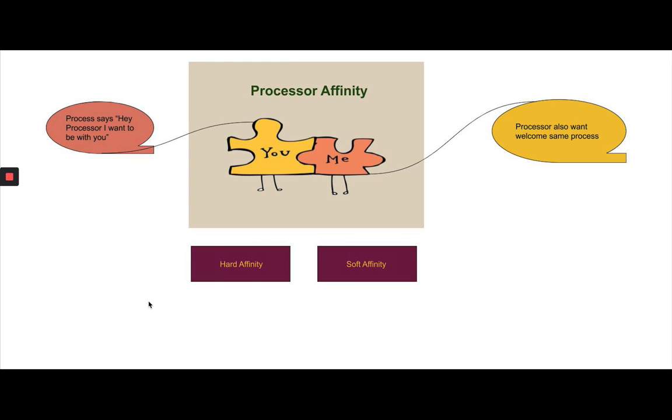Hard affinity means the scheduler ensures this process will definitely go to this processor. It's a sort of guarantee. In soft affinity, the scheduler will try to do that, but it's not always feasible. If, let's say, core 1 is busy for a long time, then the scheduler will definitely assign that process to another core.